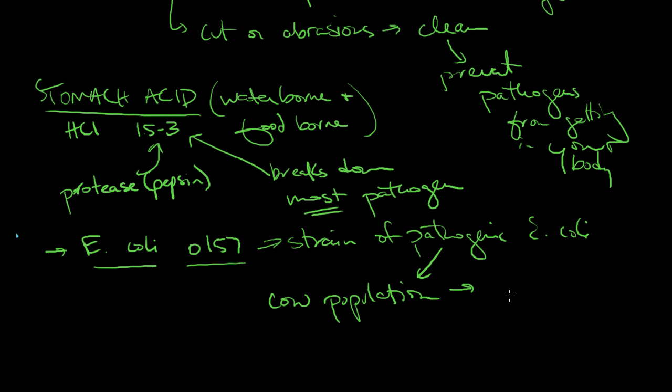So it comes out of their intestines in their manure, and when that manure finds its way into your meat, because it's not necessarily the cleanest of environments.